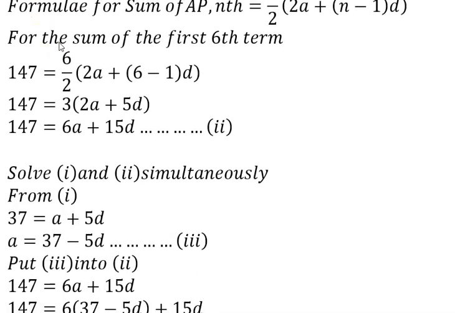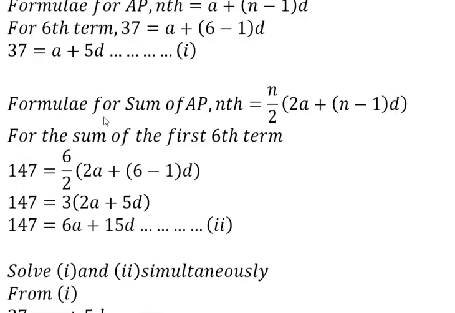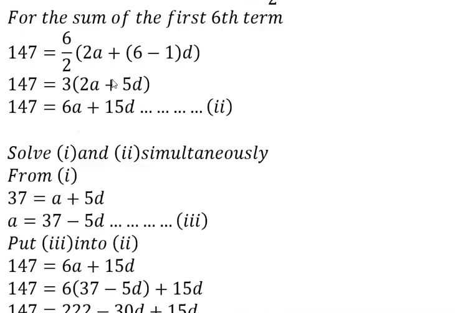That's our equation 1. So from equation 1, we have 37 equals A plus 5D. Let's just make A the subject of it. We are actually looking for A, which is our first term, and D, which is the common difference. Don't forget, the question says we should look for our first term, but we cannot get one without getting the other. So it is very important for us to get both the first term and the common difference.